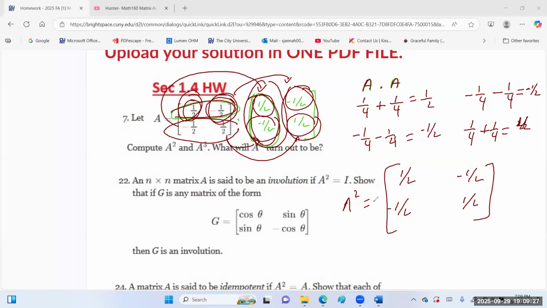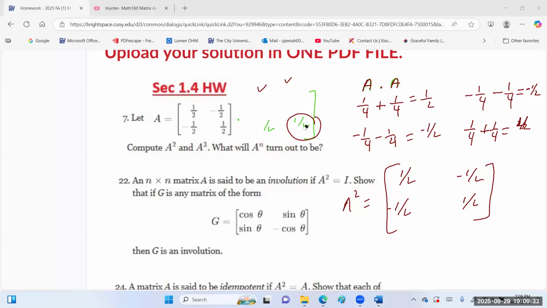And if you observe, this is actually same as your A, right? 1/2, -1/2, -1/2, positive 1/2.